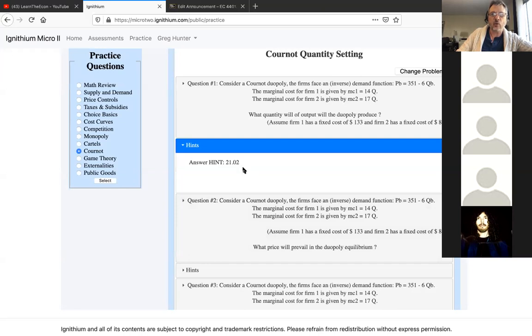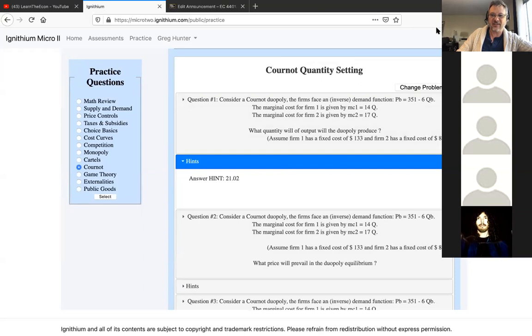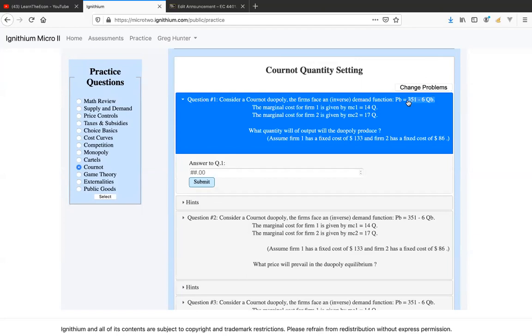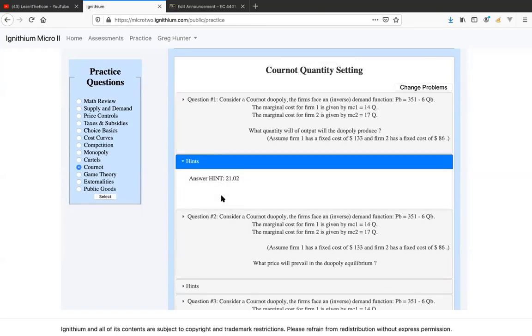Well, if you know this is the total quantity, you just plug it back into the original demand curve. You don't need to worry about the residual demand curve. So you just plug the 21.02 back into the original inverse demand curve here. I'm highlighting it. And then you can get the Nash equilibrium price.